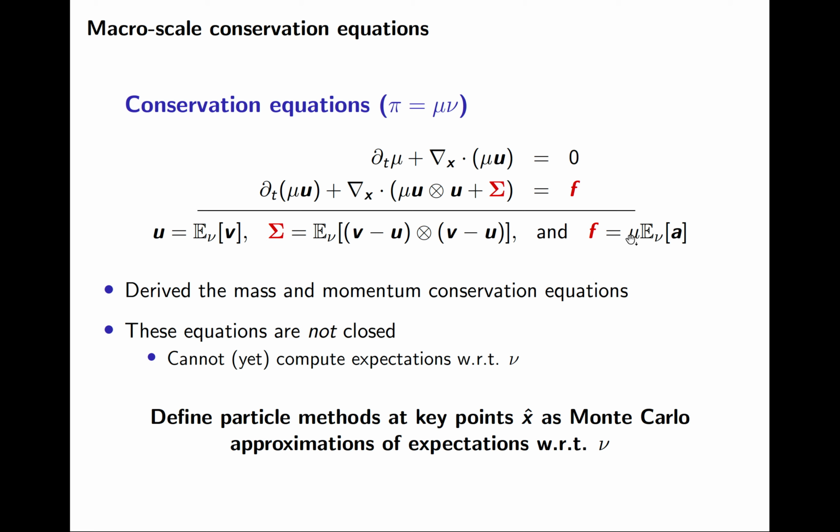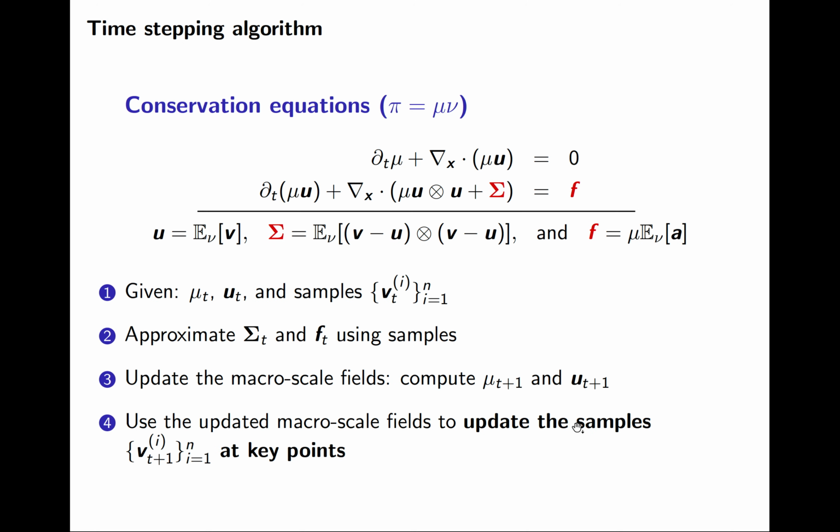So the way we get around this is at key points in the domain, we're going to attach to these points a particle method, and we're going to use these particles at these key points to approximate the expectations with respect to nu. And then we're going to evolve these particles in time, and we're going to use these particles as a representation of this density nu.